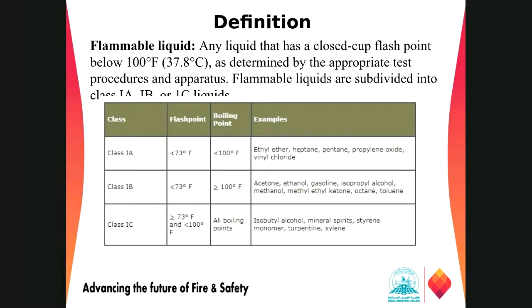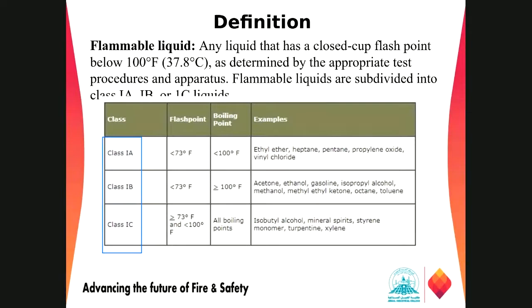So flammable liquids are further divided into class A, B, or C liquid. Class A liquid is one that has a flash point less than 73 degrees Fahrenheit and a boiling point less than 100 degrees Fahrenheit. So we have examples of class 1A liquid as per NFPA 30, which are ethyl ether, heptane, pentane, propylene oxide, vinyl chloride, right?